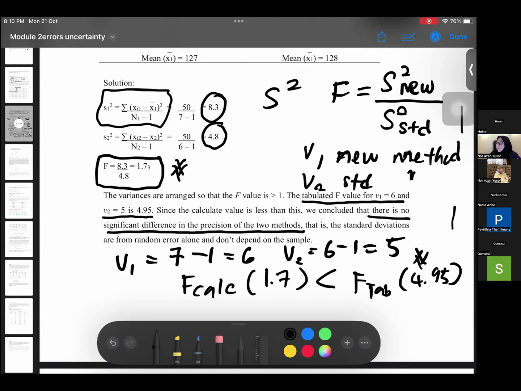So the standard deviations probably are from random error and do not come from determinate error, and don't depend on the sample. So this is the first conclusion before we can proceed to the t-test, yeah?